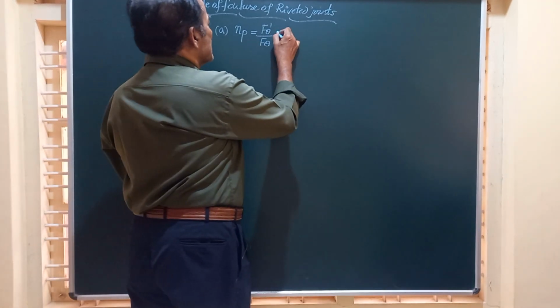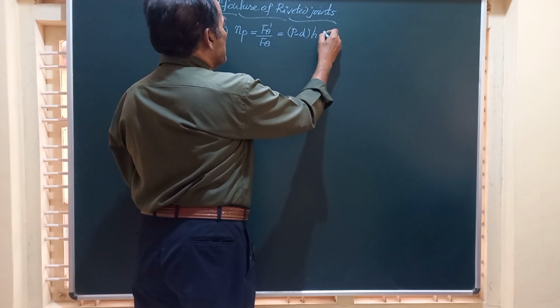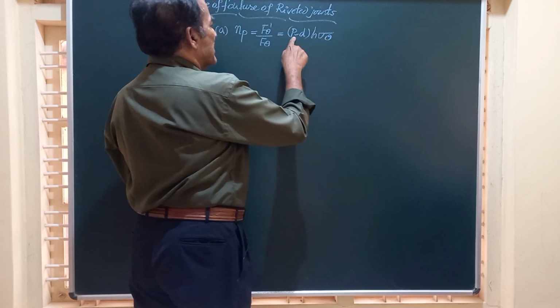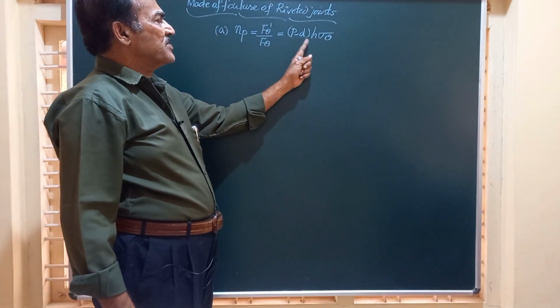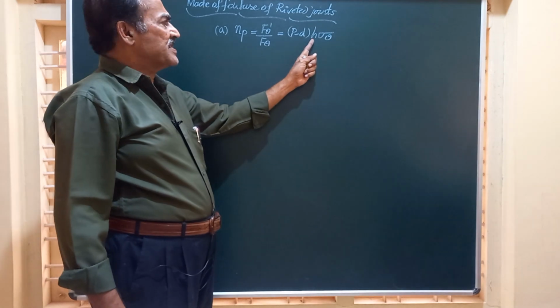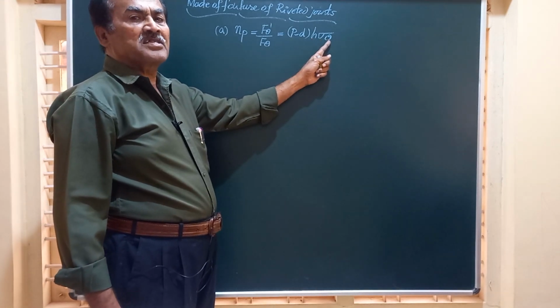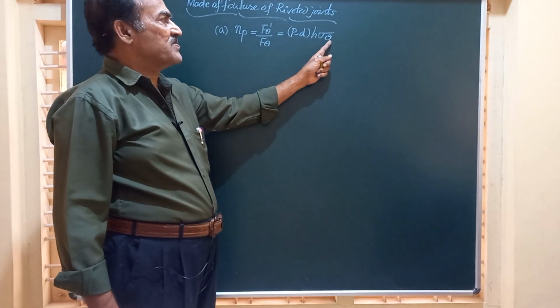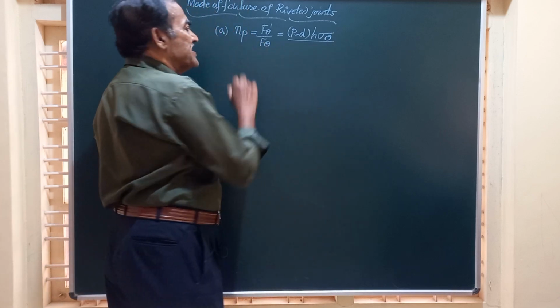So here this is given by (P minus D) into H into sigma theta, where P is the pitch between two rivets, D is the diameter of the rivet, H is the plate thickness, and sigma theta is sigma T, that is tensile strength of the material of the plate or rivet, divided by F theta.